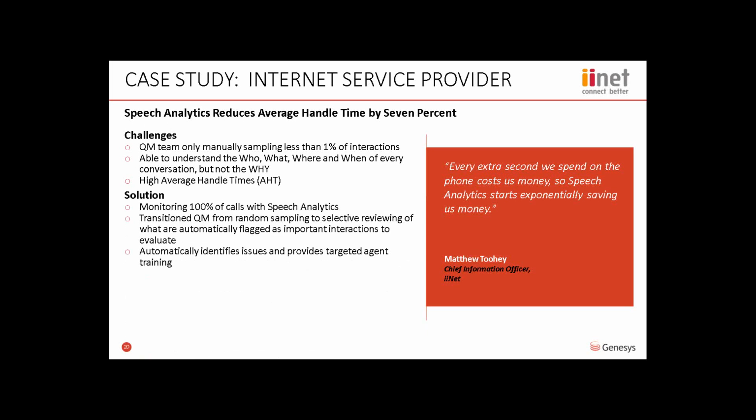So as a solution, they implemented speech analytics to begin monitoring 100% of the calls that they handled. And that enabled them to transition their quality monitoring team from random sampling to selective reviewing of what are automatically flagged as important interactions to evaluate further.